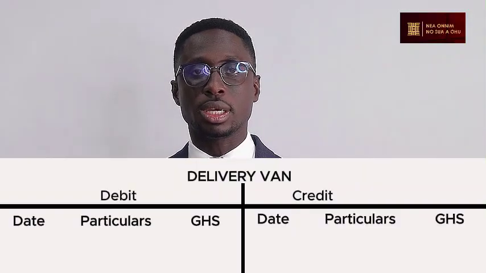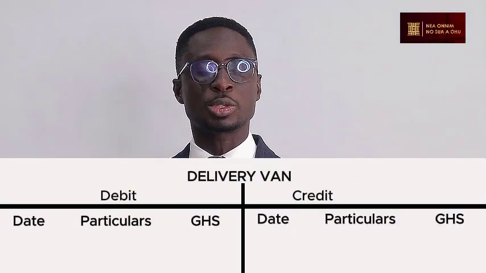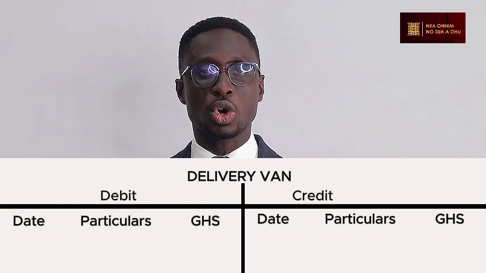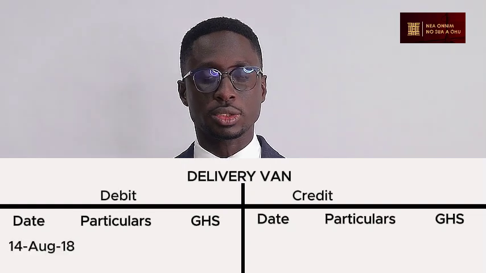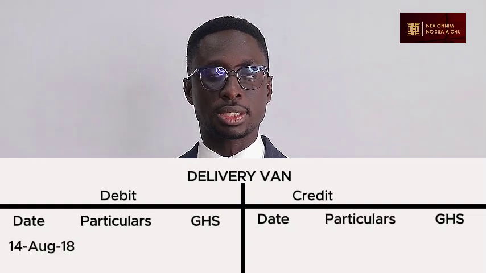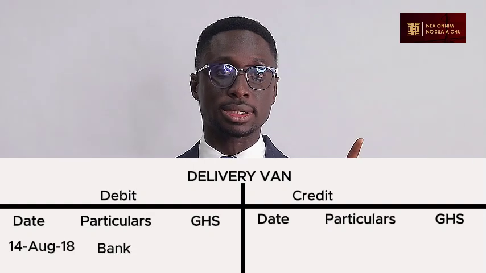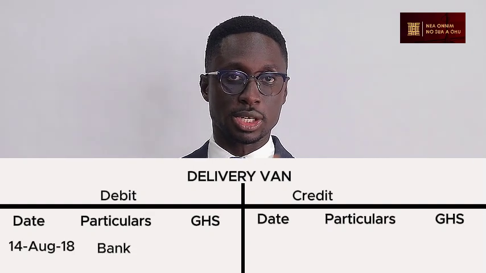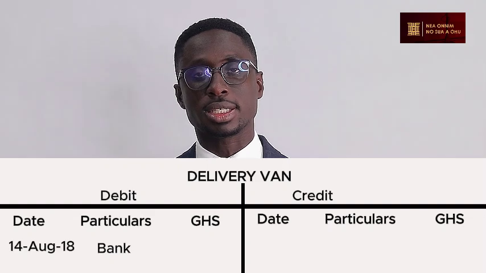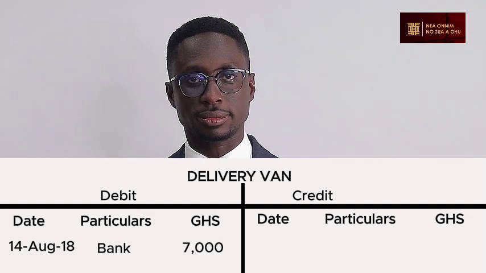So the delivery van account is duly open. Because it is the debit, it's going to be recorded on the left side. So August 14, 2018, particulars is going to be bank, because it's the corresponding account, the amount is 7,000 Ghana cedis.